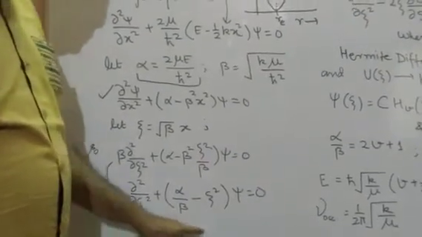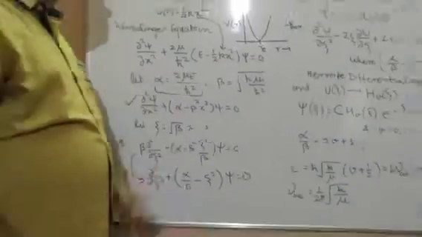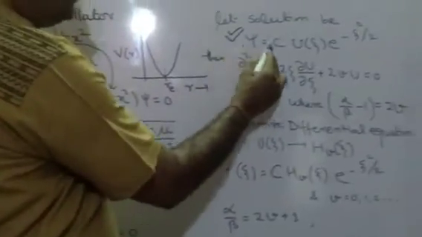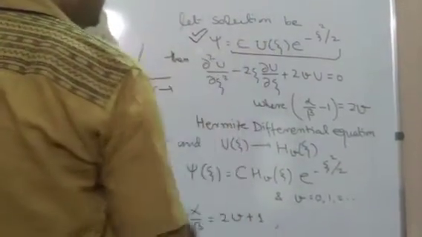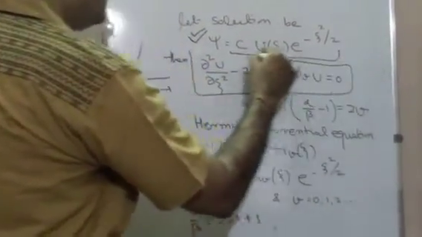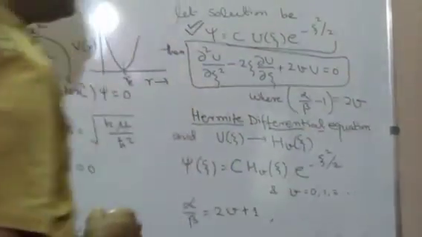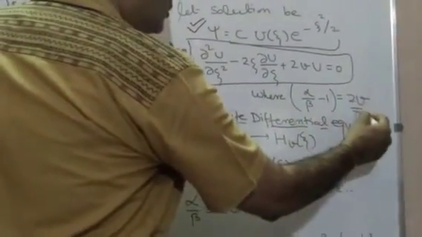Now we have to solve this equation and the variable here is psi. Suppose we have a solution psi in such a form, which can be substituted in this equation. So we get a second order differential equation, which is the Hermite differential equation, by replacing alpha upon beta minus 1, which is equal to 2v.